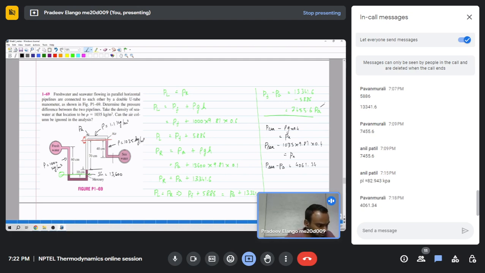Now we have equations 1 and 2. 1 minus 2 is P fresh minus PC, which is 7455.6 minus 4061.3. So that is around 3.4 kilopascals.